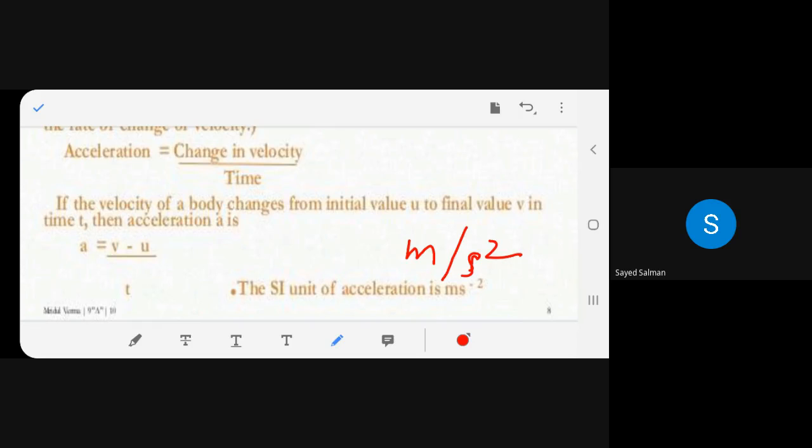I can write it like this as well, isn't it? The unit of acceleration is meter per second square. Okay? All this formula you have to remember to do the numericals. Okay, beta?